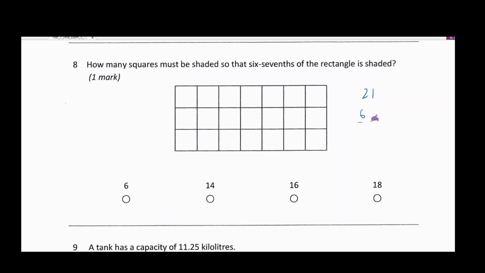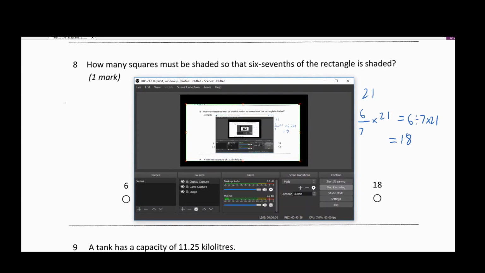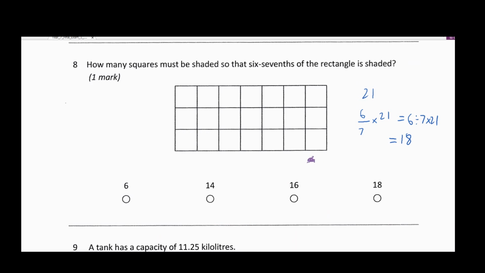So 6 over 7 times by 21. I can type that into my calculator as 6 divided by 7 times 21, which is 18.